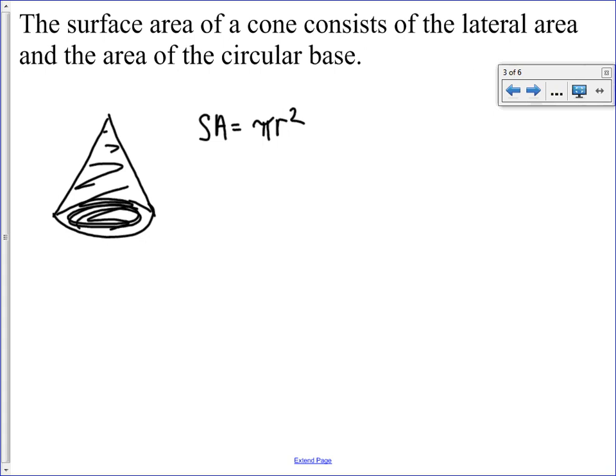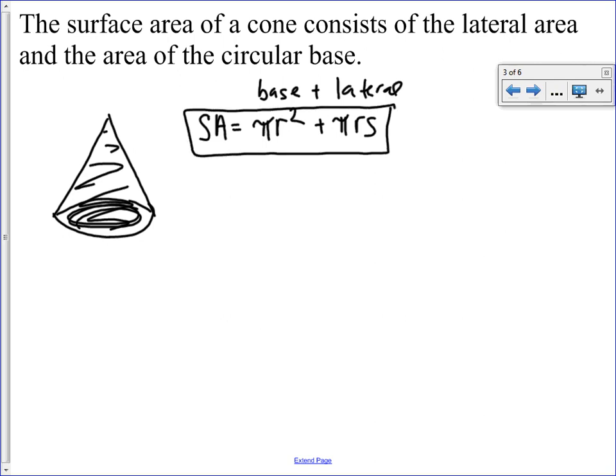We know that the area of a circle is always pi r squared, and the slant area is pi rs, or the lateral surface area. So we have the base plus the lateral. And this makes up the formula for surface area of a cone.